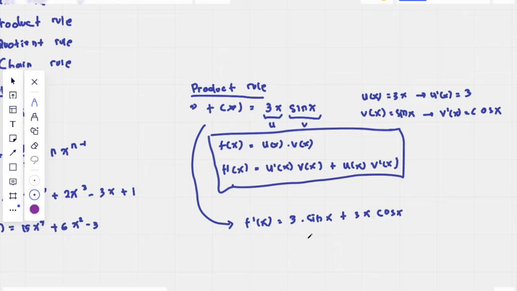So this is the product rule. So we can write it as 3 sine x plus 3x cos x.